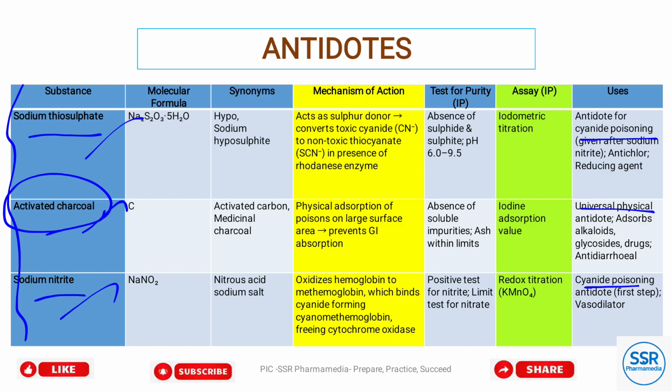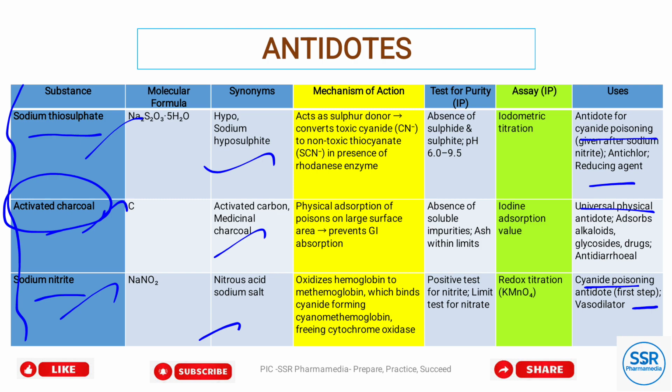The first step is sodium nitrate is given, and in the second step of the treatment, sodium thiosulfate is given for the treatment of cyanide poisoning.